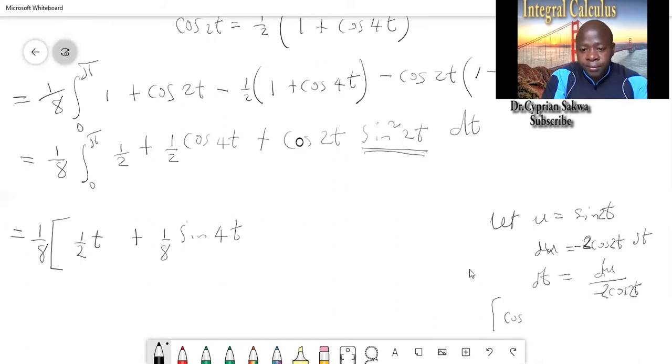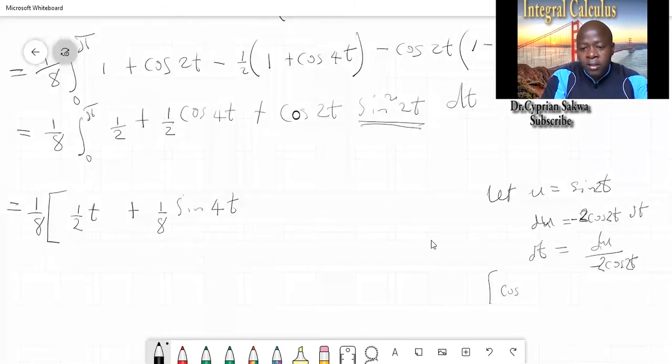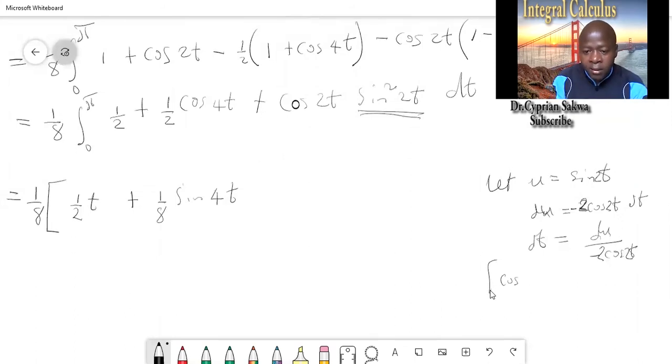So if I'm integrating cos 2t multiplied by this, instead of this I'm writing u, so this I'm writing u square. And instead of dt, I'm writing du over negative 2 cos 2t.